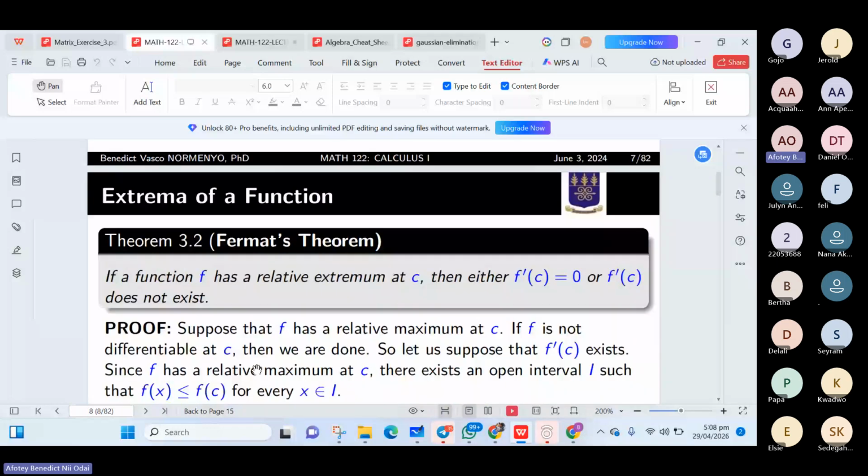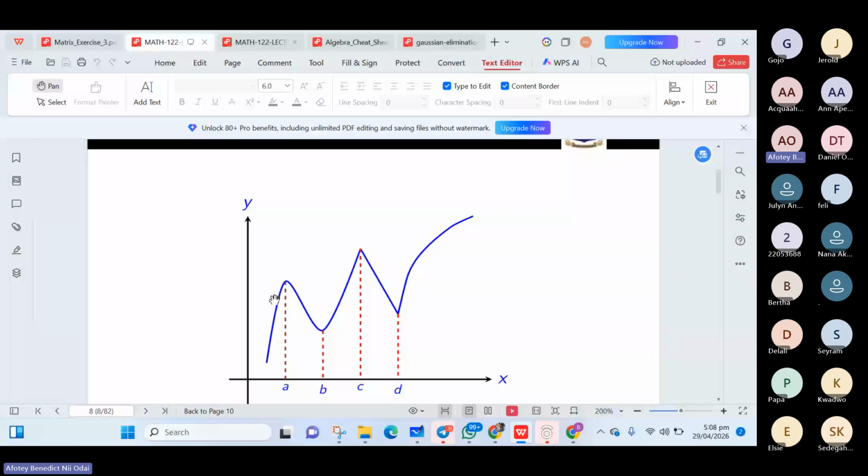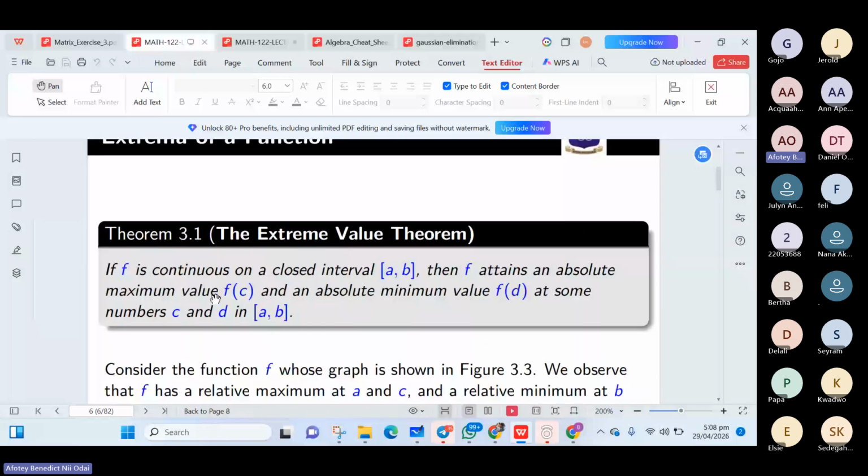So the Fermat's is saying that there is an extremum at a particular c, just one c, right? So extreme value is saying that at both c and d, just 2 points. We have to identify the domain on which it is being defined.